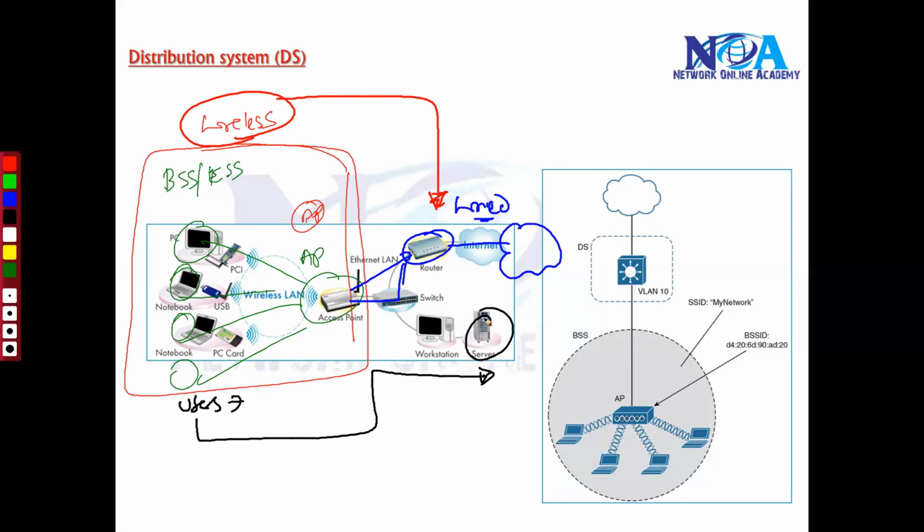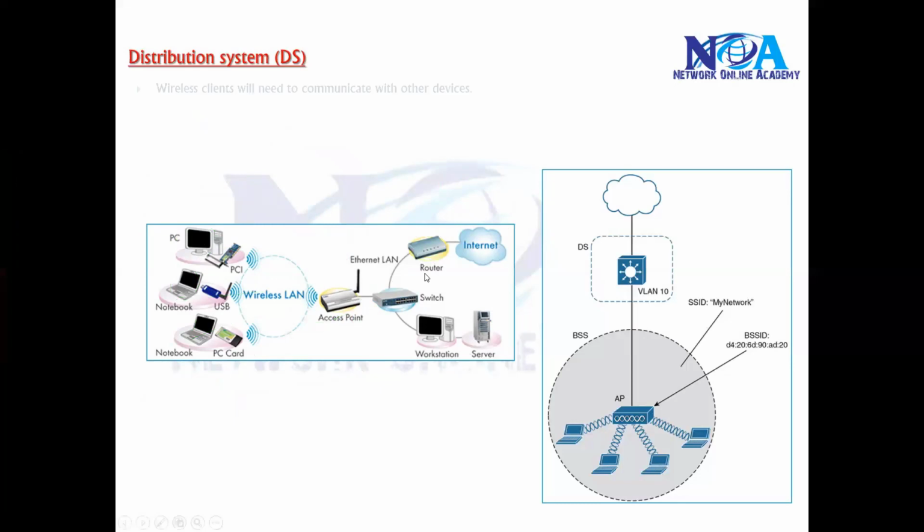Now we need some kind of setup for how it's going to work here. So that's our requirement. You always want your wireless clients to also be able to communicate with other devices on the wired infrastructure.